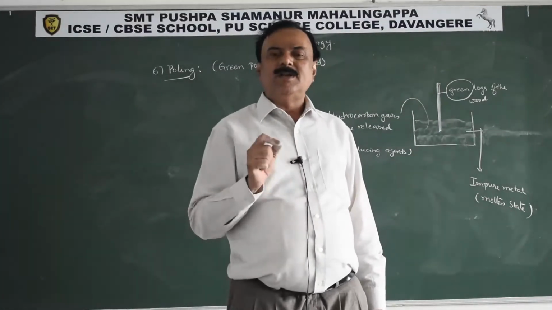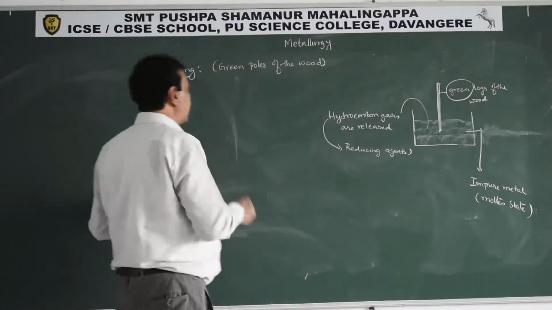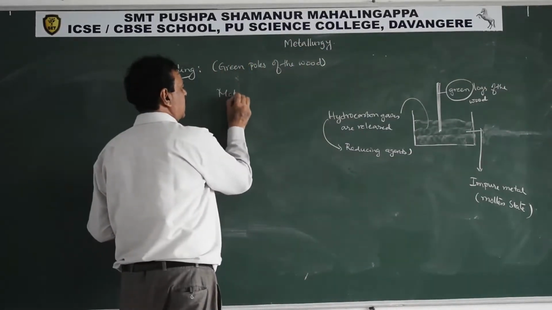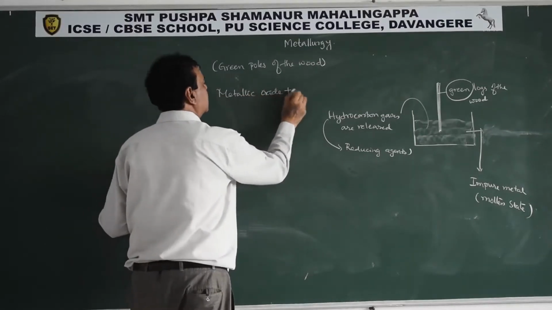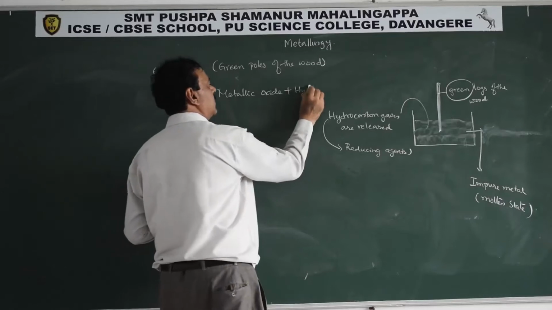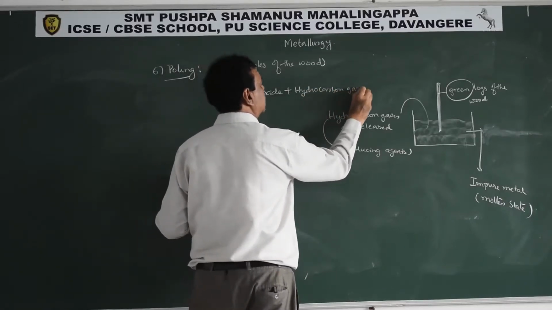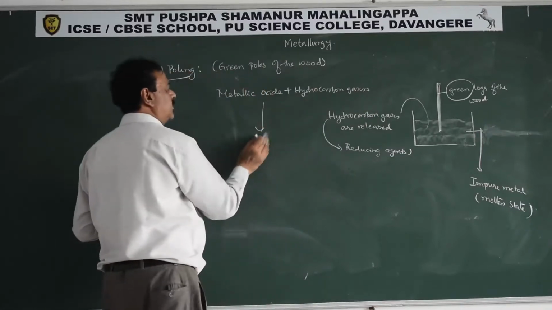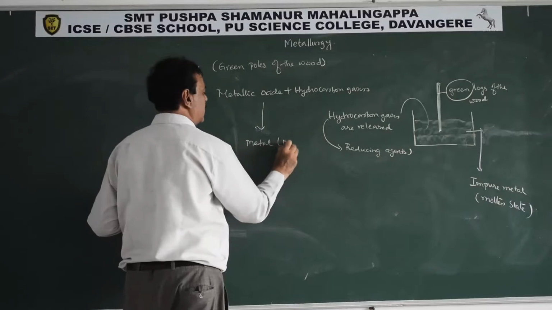Therefore, the metallic oxides are converted into the respective metals due to the hydrocarbon gases. Metallic oxide plus hydrocarbon gases leads to the formation of pure metal.